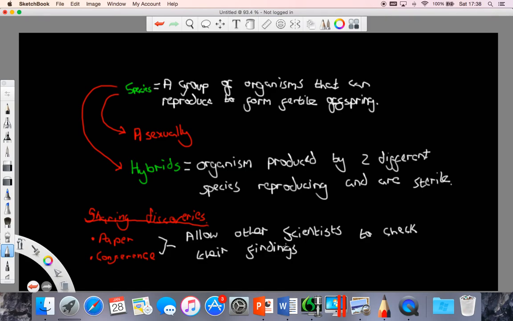They could repeat the experiment again, or they could look at the results from the experiment and say whether what they've found out is genuine or whether it was a lie. Okay?